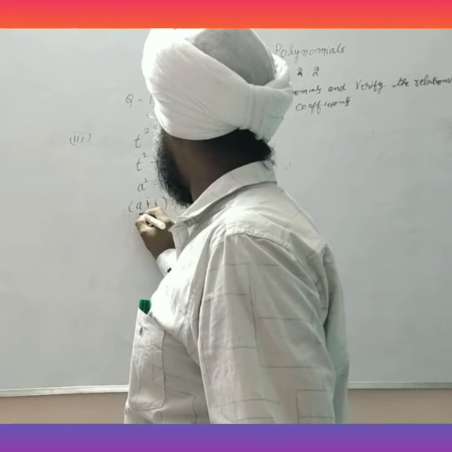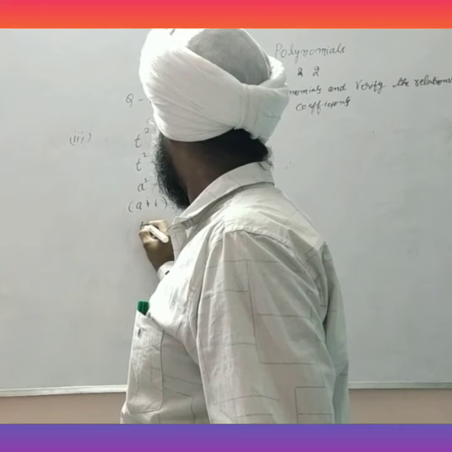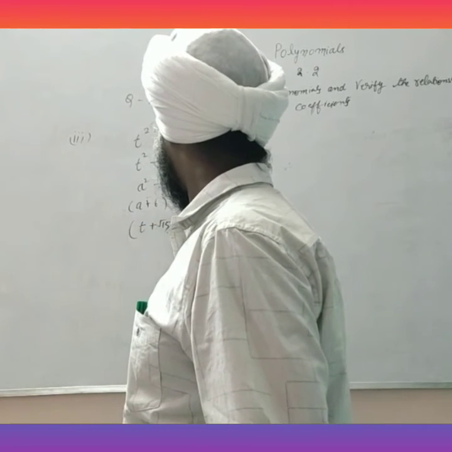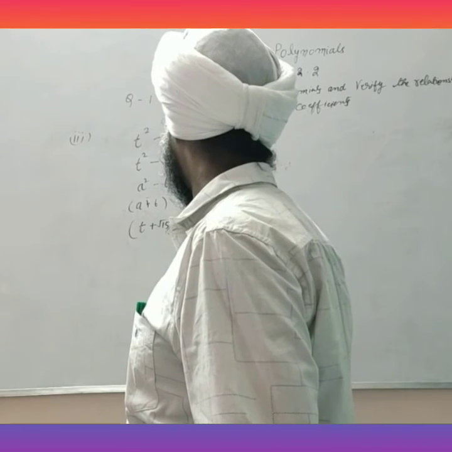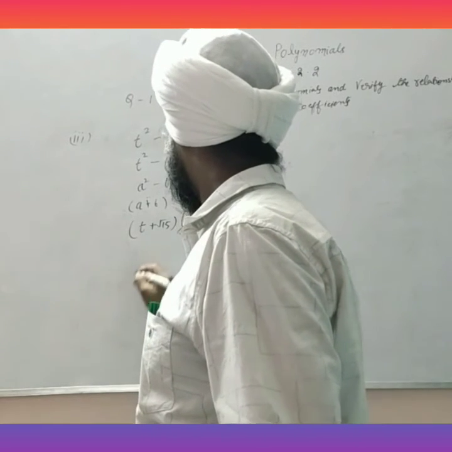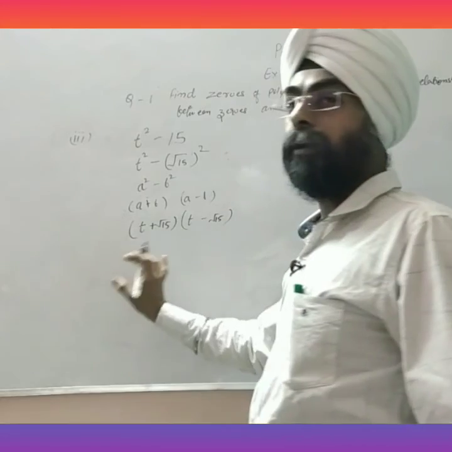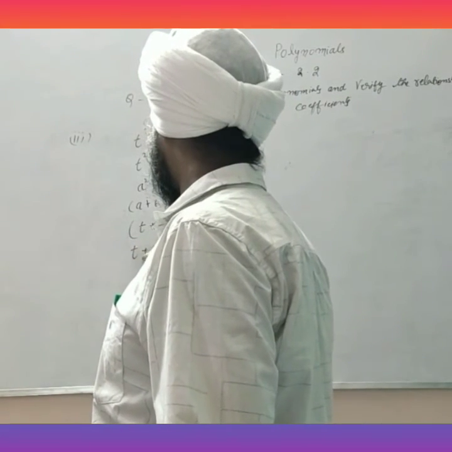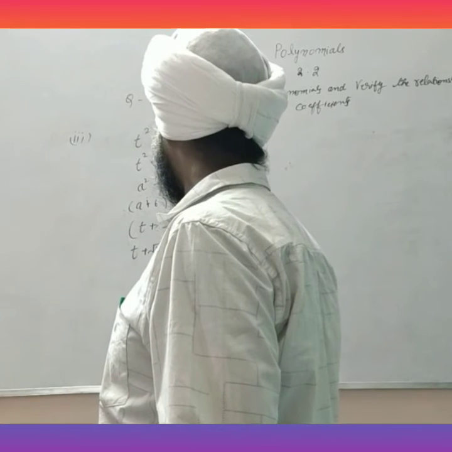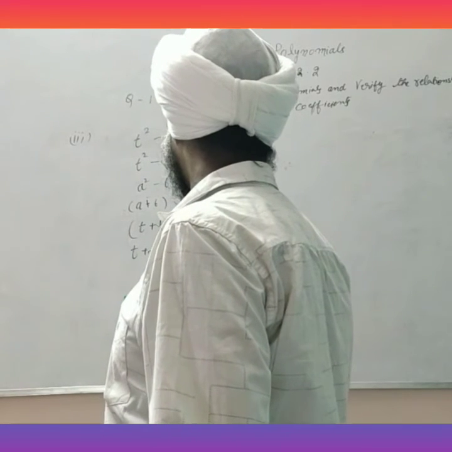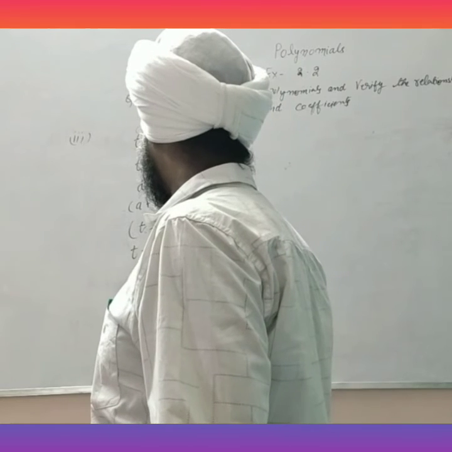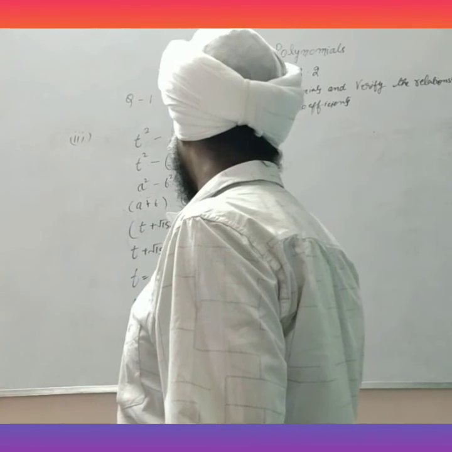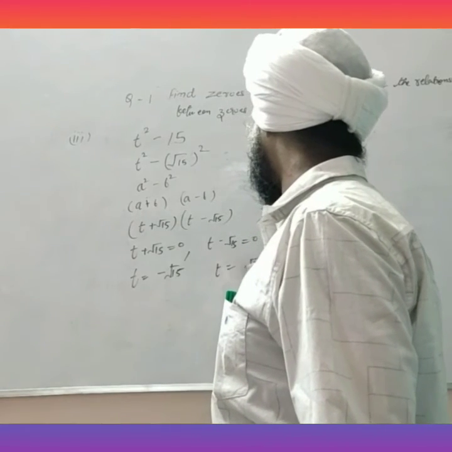Here a is t, so it is t plus root 15 and t minus root 15. Then I have to put these both brackets equal to 0 to find out the zeros. t plus root 15 equal to 0, t minus root 15 equal to 0, t equal to minus root 15 and t equal to root 15.